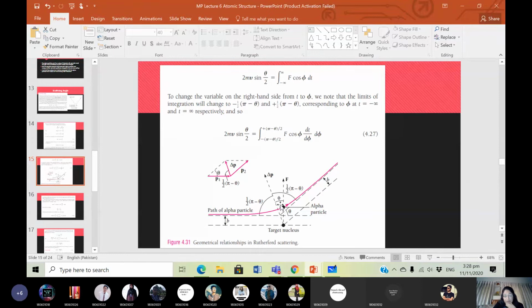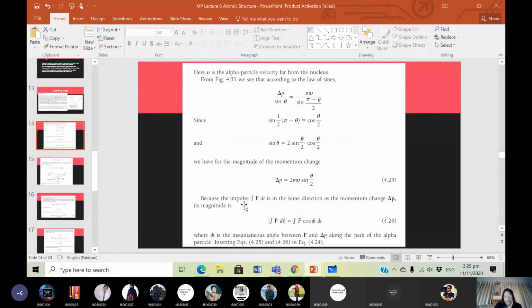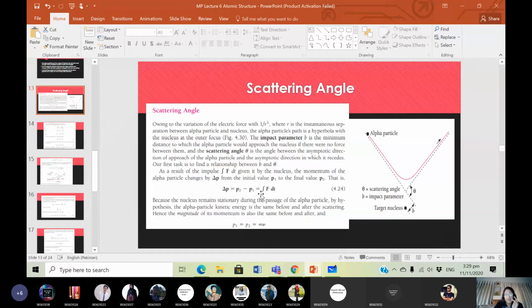So if the alpha particle is over here and the nucleus is here, then the force on the alpha particle will be away from the nucleus, in the opposite direction. But what we're saying here is that the impulse, which is equal to the change in momentum, should be in the same direction as that of the change in the momentum.